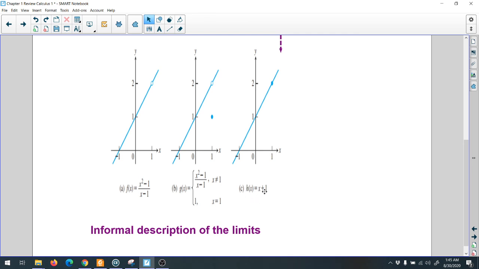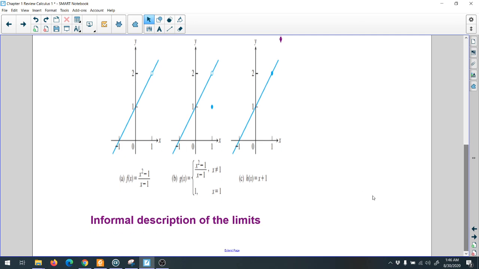H of x equals x plus 1. If you plug in 1, 1 plus 1 is 2. It's clear that the limit is 2 and the value of the function is 2. Later we'll say this function is continuous, when we talk about continuity. That's for this video.